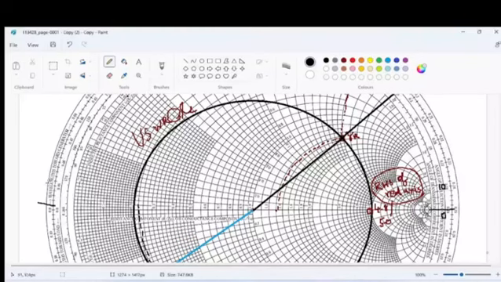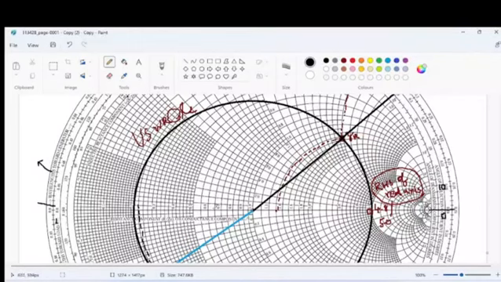That's why I am taking the outermost scale, not the wavelength towards load scale. Please remember, in this we know that this is 0 lambda, this is 0.25, and again, coming here, this is 0.5 lambda.